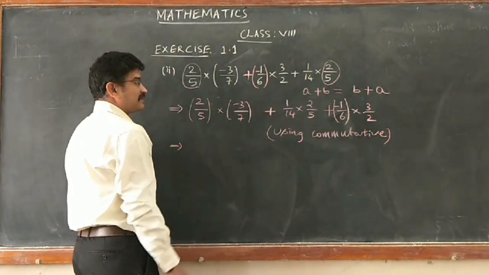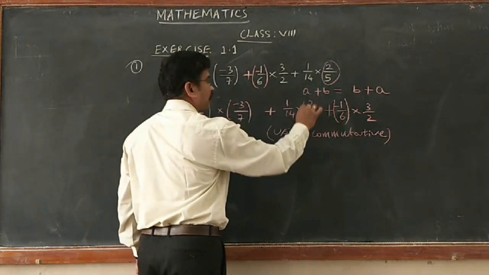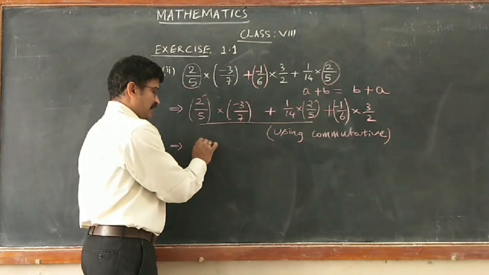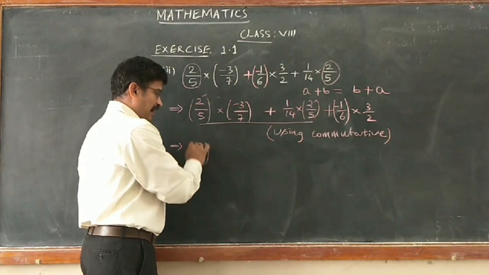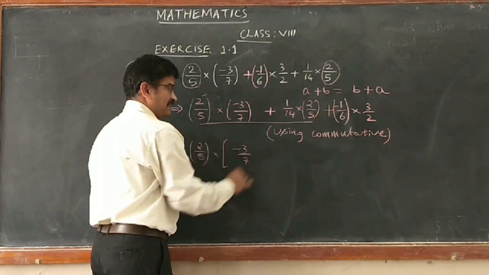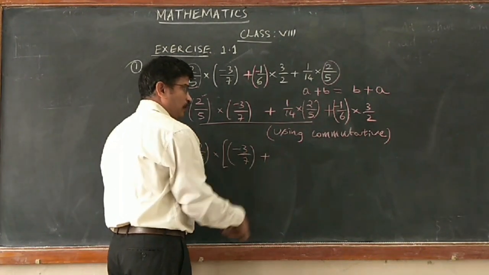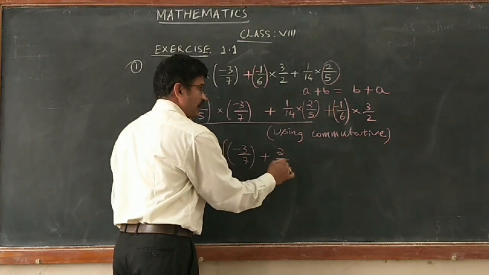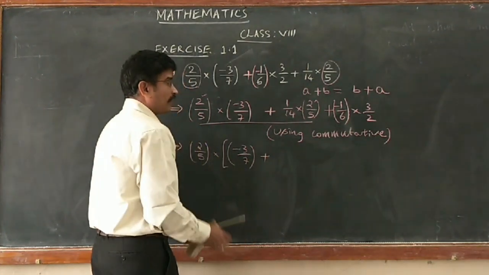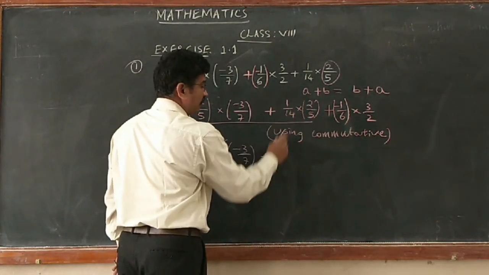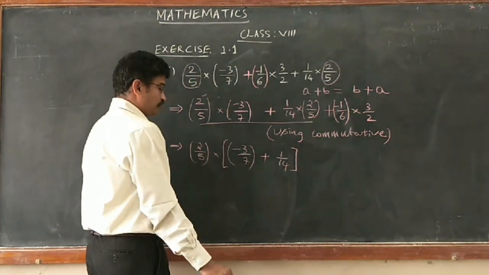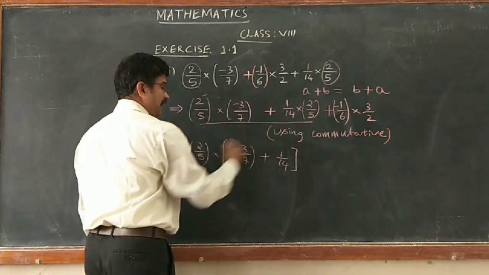Now in the next step, I have this 2 by 5 common in these two products. So I took this out, and this minus 3 by 7 added to 1 by 14. So here 2 by 5 comes out, 1 by 14 is left over. So we have 2 by 5 taken out common.